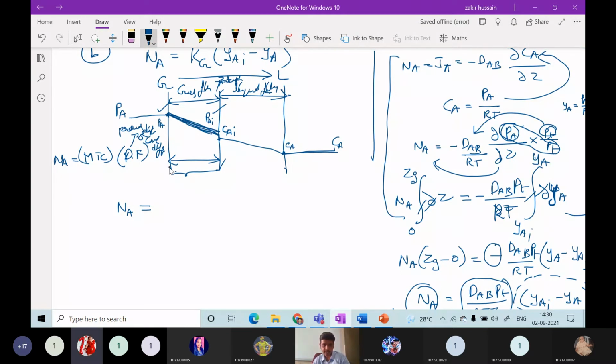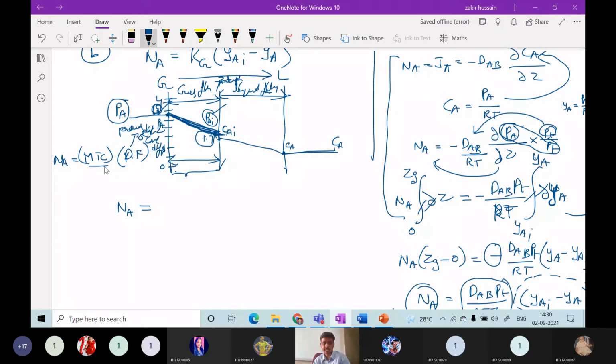If you put a scale here, 0, 1, 2, 3, 4, PA is at 3 and PAI is around 1.6 or 1.7. Which is higher? 3 is higher. Obviously, by looking at this profile, we can define that this is higher pressure and this is lower pressure.